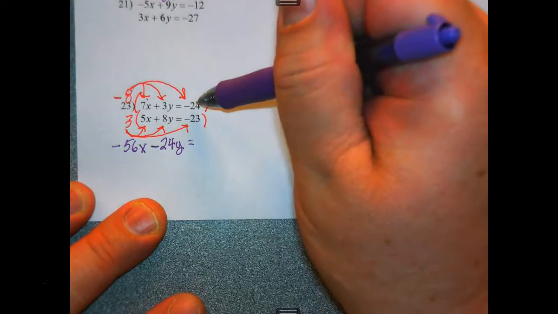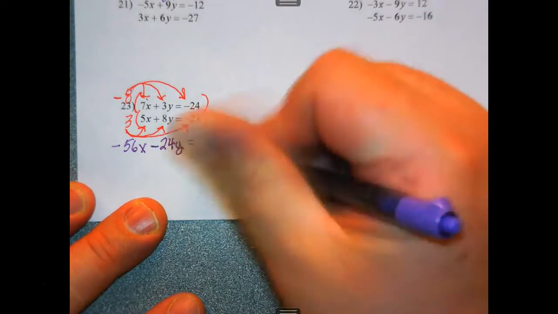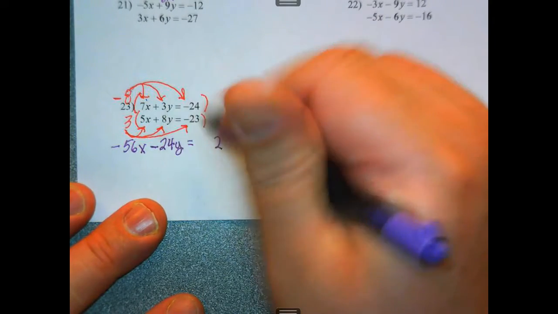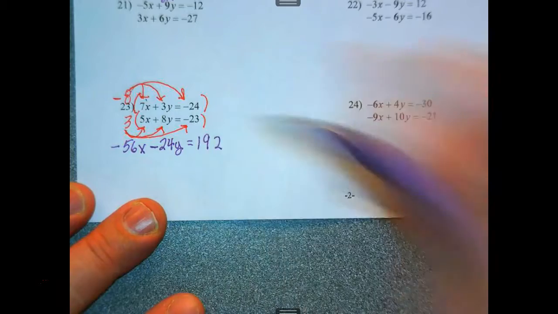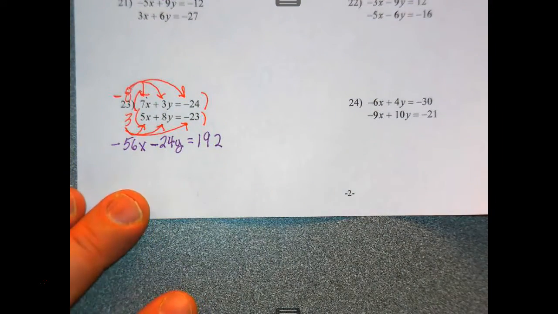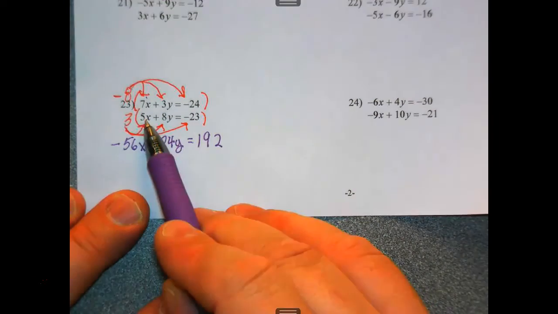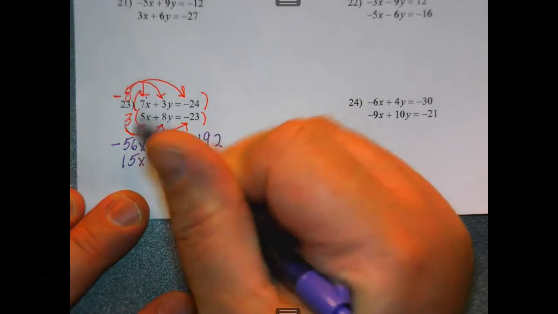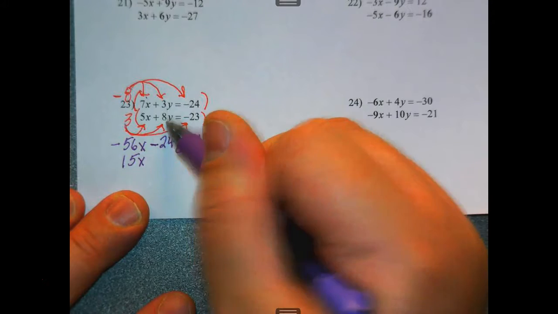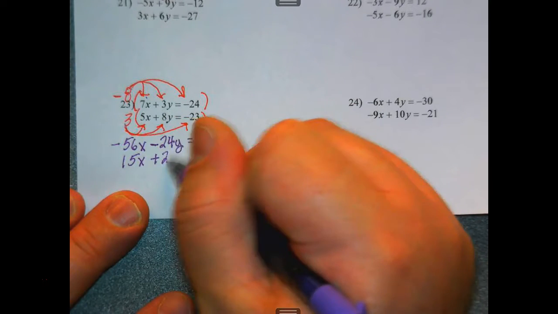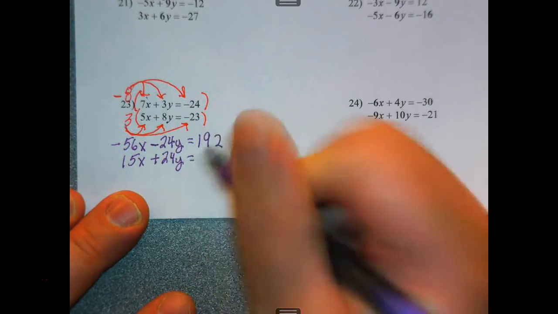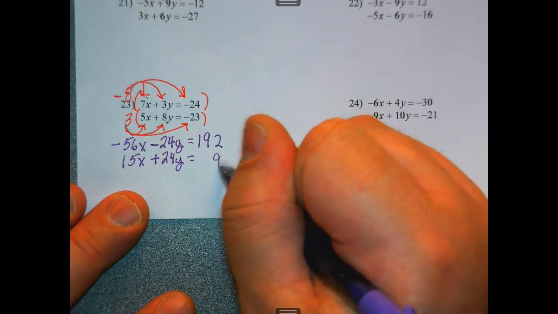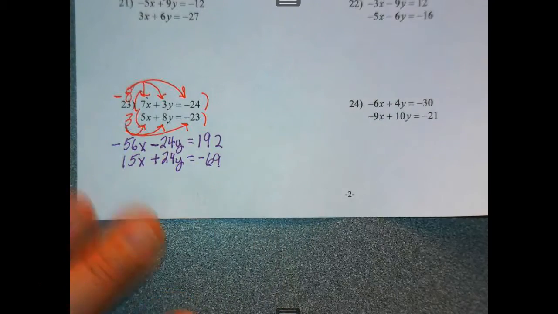Negative 8 times negative 24, see, 32, 3, 16, 192. 3 times 5x, 15x. 3 times 8y, positive 24y. 3 times negative 23 is negative 69.